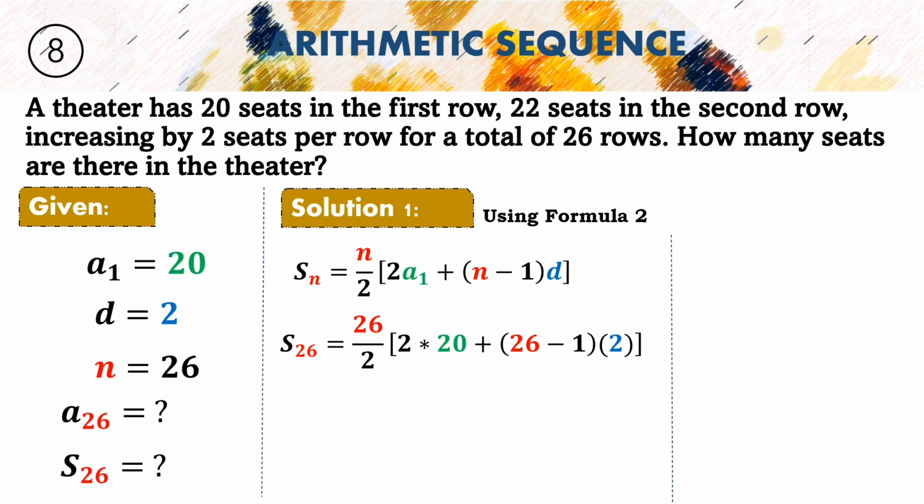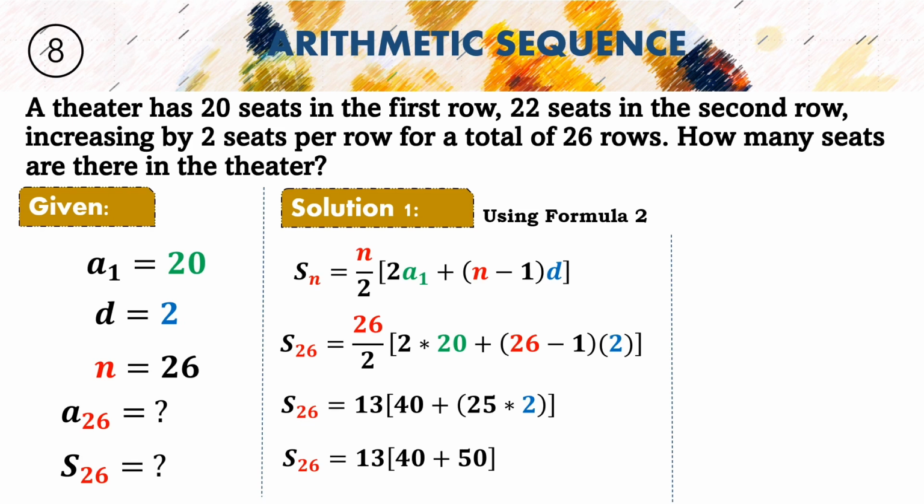We have S sub 26 equals 13, quantity 40 plus 25 times 2. That is 13, quantity 40 plus 50. Therefore, S sub 26 is equal to 1,170 seats in the theater.